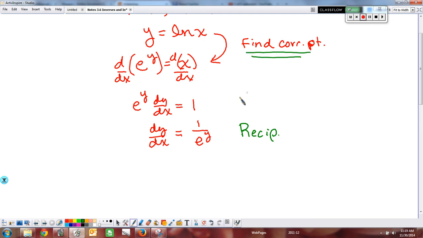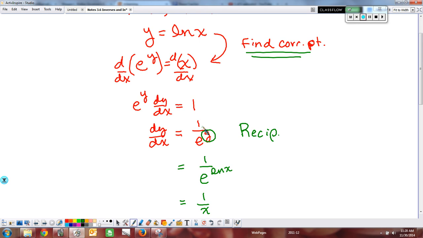Just like when we did the shortcut rule, we found a corresponding point. We did the reciprocal, and then at this point we went, well, wait a minute, the corresponding point part, this y, how do I find that y? Well, that y was ln of x. We go back to the function that we have, simplify, and that's how we got our 1 over x.